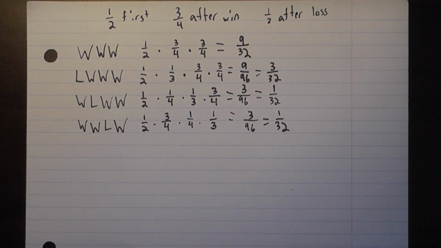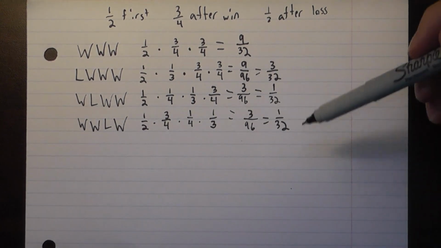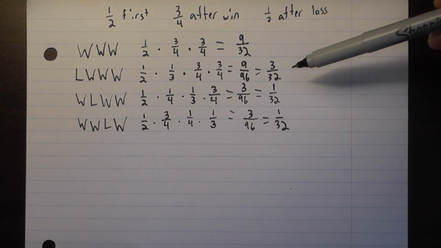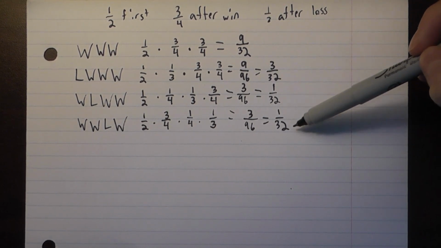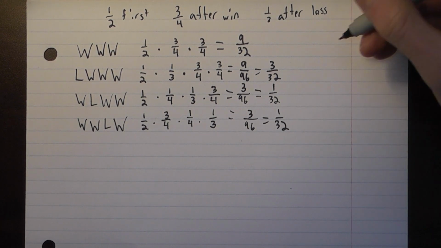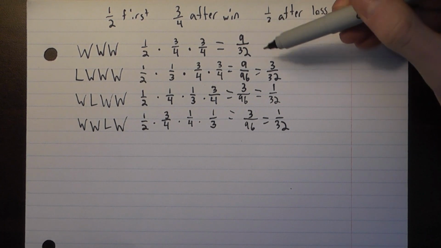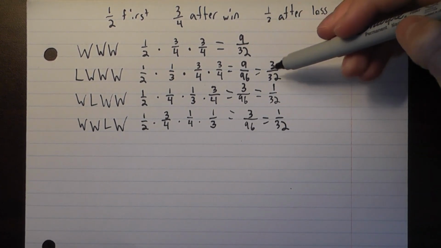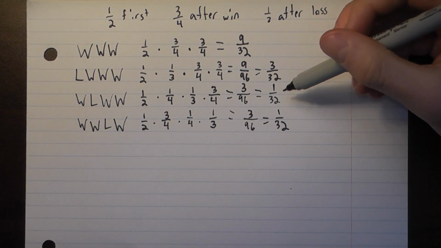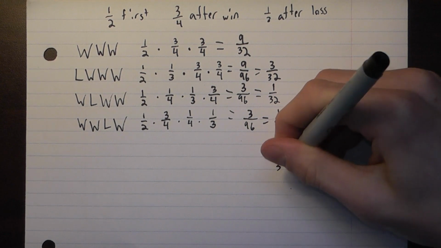So going back to when I said or is addition, we want any of these happening. So we could have this, or this, or this, or this. So we add these fractions together. Since they all have the same denominator, this should be pretty easy. You just add the numerators together and put it over the denominator. 9 plus 3 is 12, plus 1 is 13, plus 1 is 14 over 32.